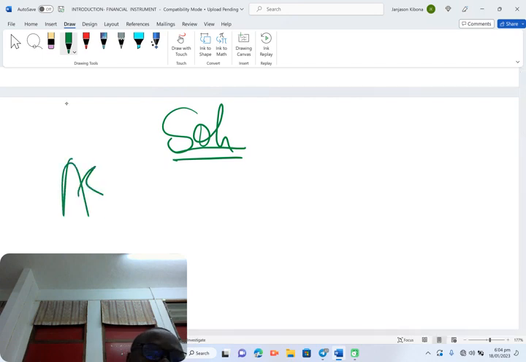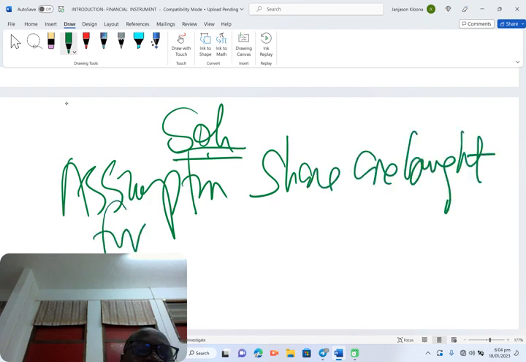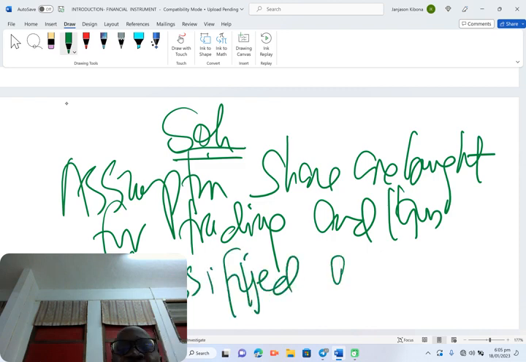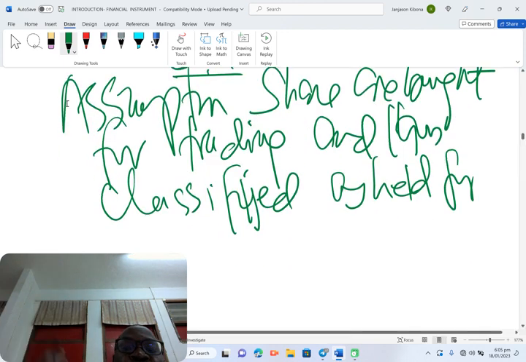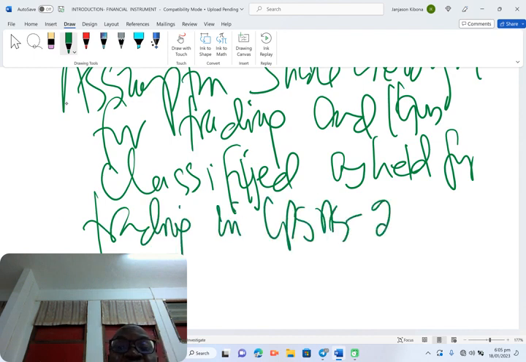So, assumption here, shares are bought for trading, and thus classified as held for trading in IPSAS 29.